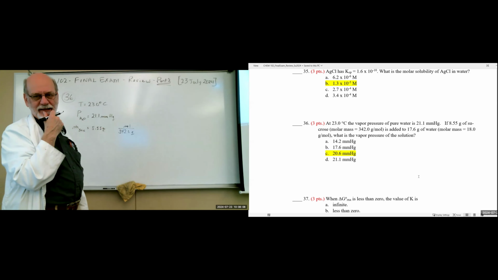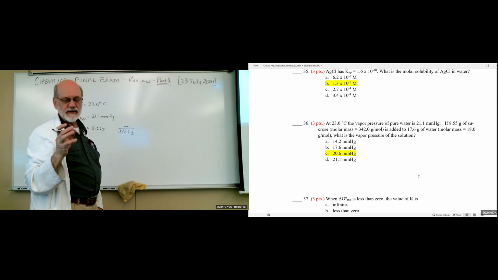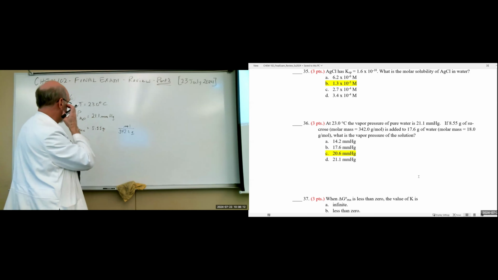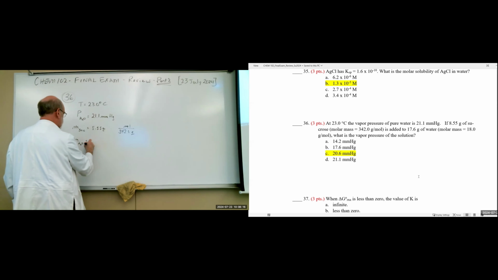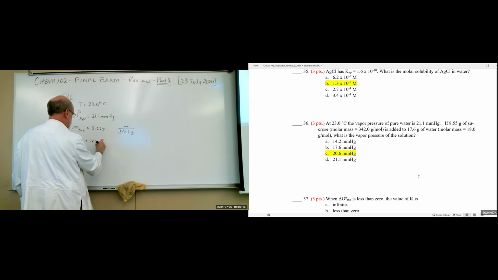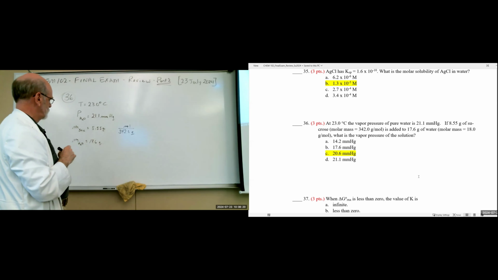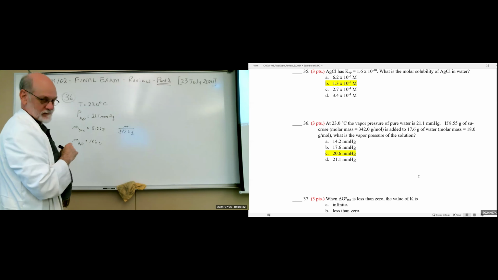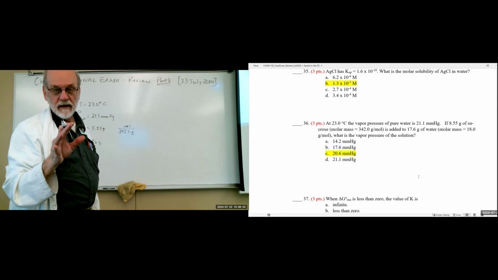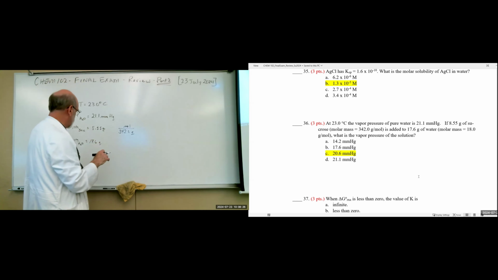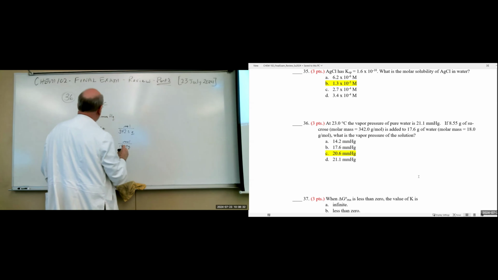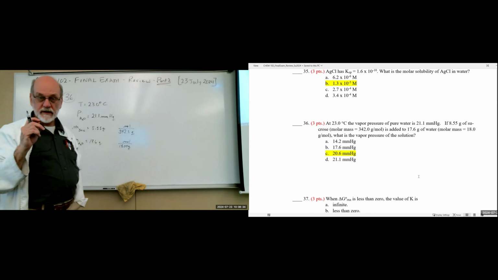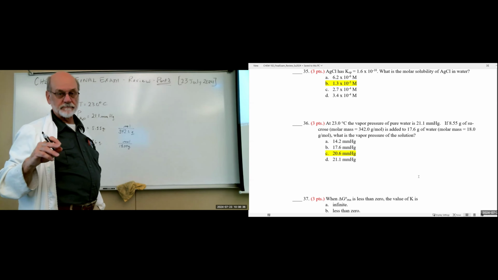Okay. Added to 17.6 grams of water. So the mass of water is 17.6 grams. Okay. And it's 18 grams per mole. All right. So the question is, what's the vapor pressure of the solution?